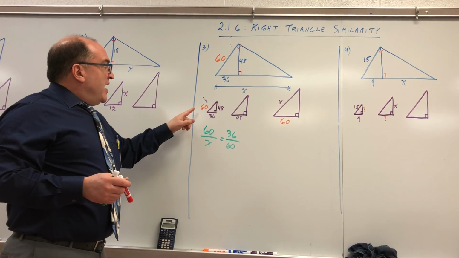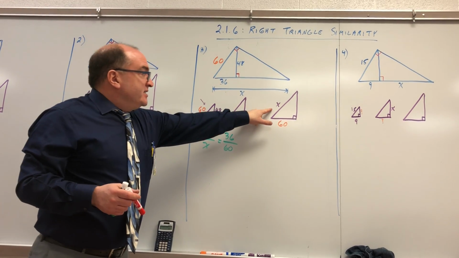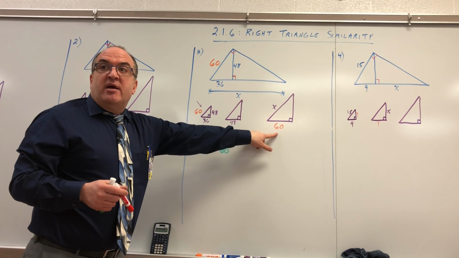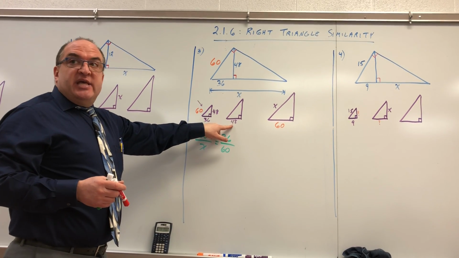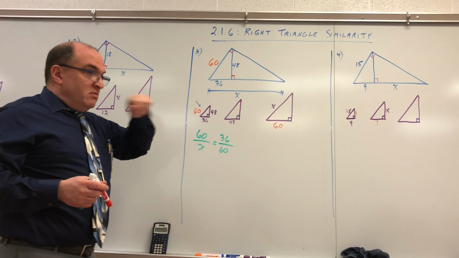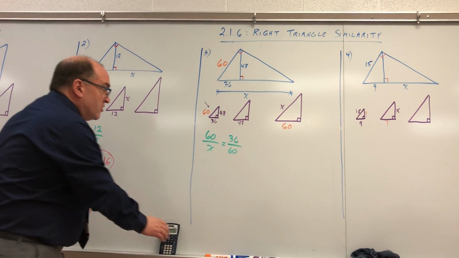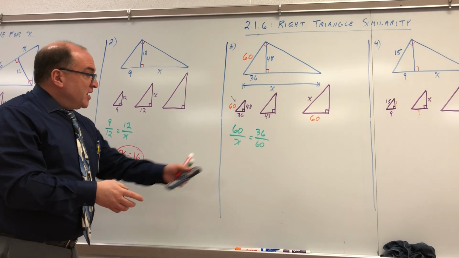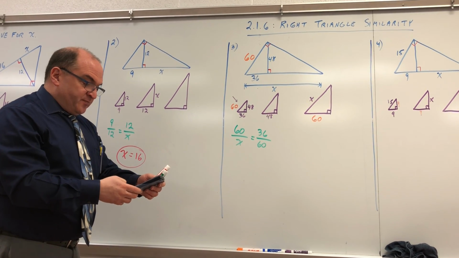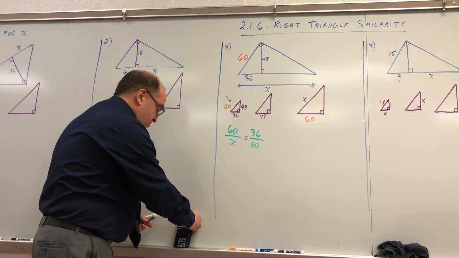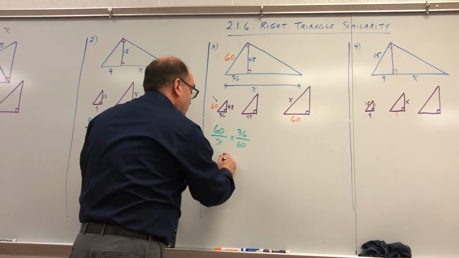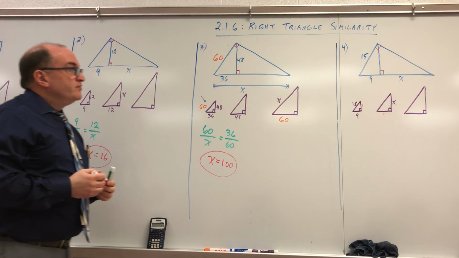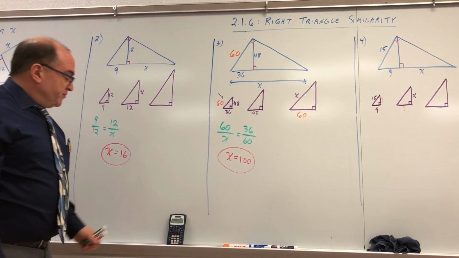If I do 60 to this x over here, I need to do 36 to this number here. I can't do it to this one because I don't have this one. So on your calculator, what's 60 times 60 divided by 36? 100. That's how you do that one.